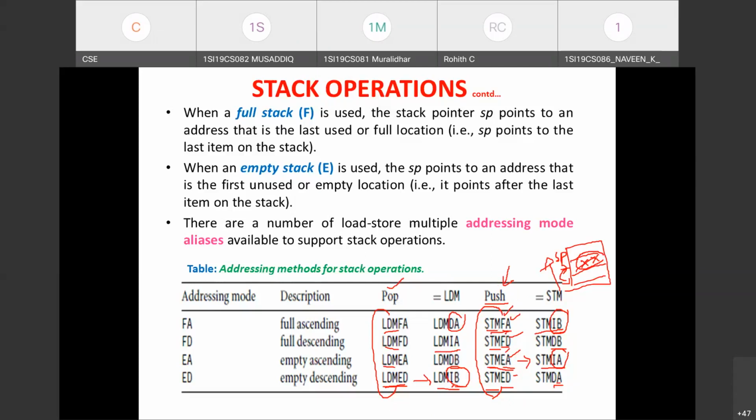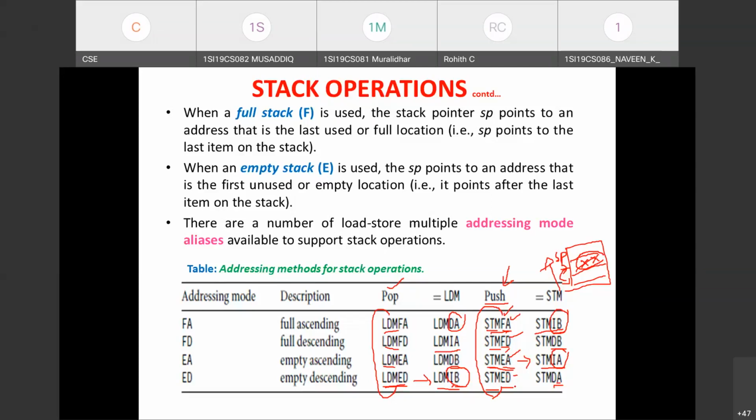Full ascending means the stack pointer is already pointing to the last data inserted, so we need to first increment and then insert. If it were full descending, first I need to decrement the stack pointer and then insert. If it were empty ascending, first I need to insert and then increment the stack pointer.